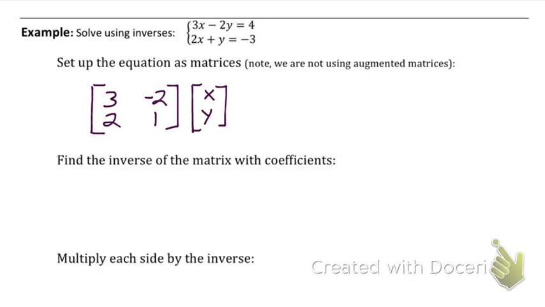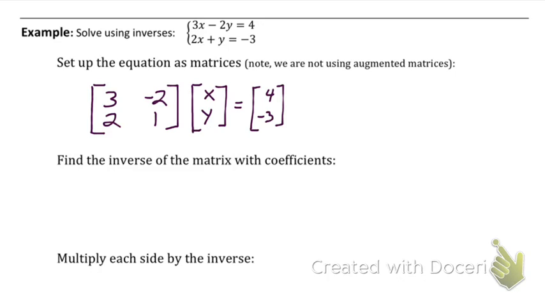All right, then that's just going to equal the matrix of our constants, which are 4 and -3. Now our whole goal is to find the inverse of this, multiply it both sides, and we should have our answer. So the very next step is find the inverse of the matrix with the coefficients.